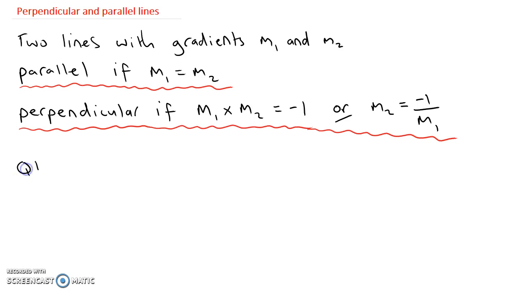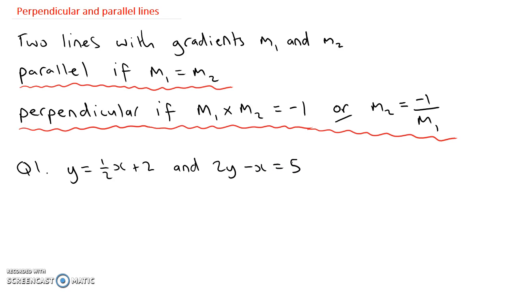If we have two lines, let's make them y equals a half x plus 2. That's the first one. And the second one, 2y minus x equals 5.